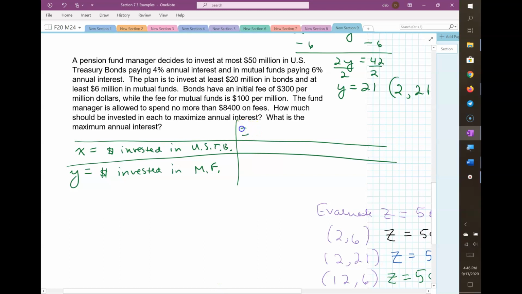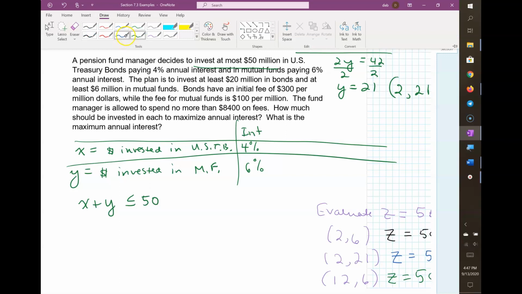So the interest rate on the treasury bonds is 4%, and on the mutual funds is 6%. So the $50 million is the total, so you want X plus Y to be less than or equal to 50 for the total. Then we can write an inequality about interest.